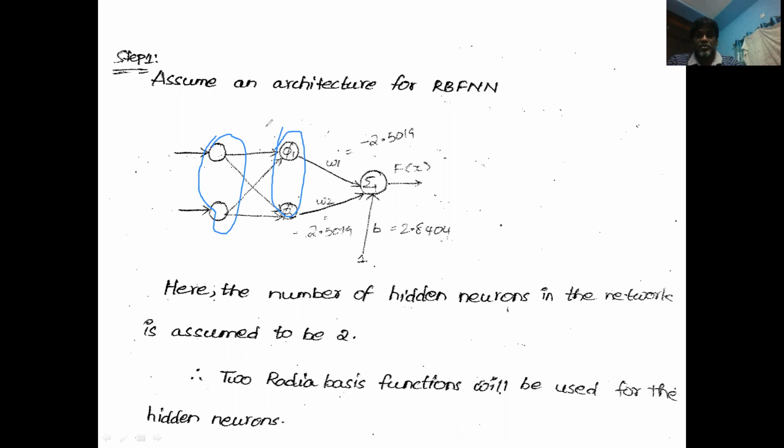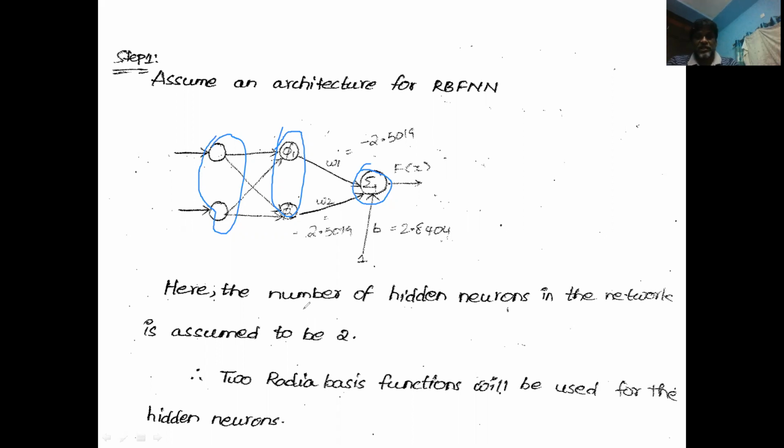Because we have two values in each input pattern, we will take two input neurons, and it is always going to be one output neuron. So this is our first step. You need to identify the architecture of the RBF neural network properly in order to proceed further.